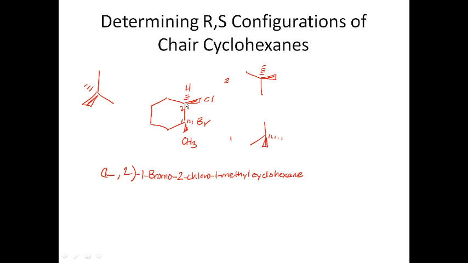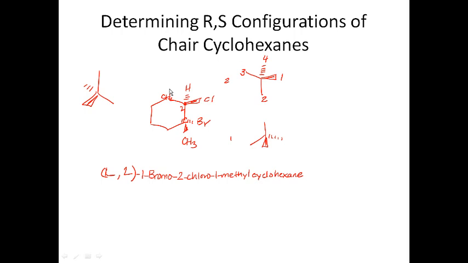So if we look at this carbon right here, I've got a chlorine, a hydrogen, a CH2, and a C with a bromine and carbon on it. So the hydrogen is group number 4 and the chlorine is definitely group number 1. Now over here I've got a CH2 group versus a carbon with a bromine and another carbon on it. So clearly the carbon down below gets priority group 2 and this is 3.